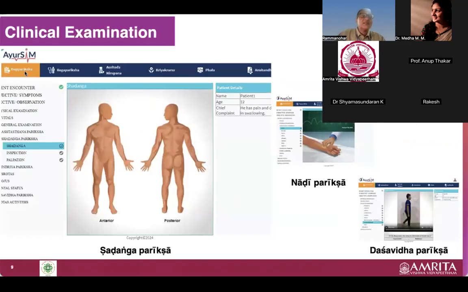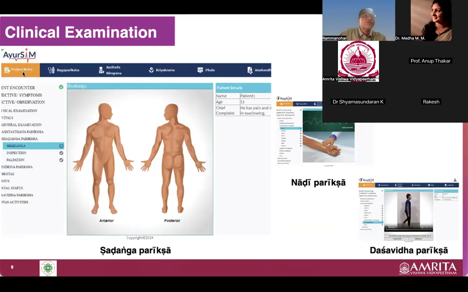You can see the horizontal bar contains the various modules. They are like tabs. You can move from one tab to the other. And the vertical bar includes the various modalities in which you interact with the patient. So these are the encounters.